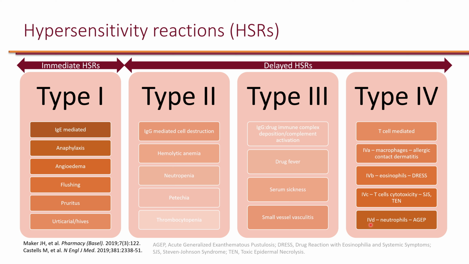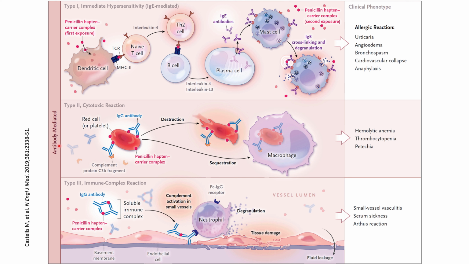And there is type 4D, which involves neutrophils, and this could be acute generalized exanthematous pustulosis. So when we think of antibody-mediated hypersensitivity reactions, that includes type 1, type 2, and type 3. So these are all antibody mediated, different antibodies.